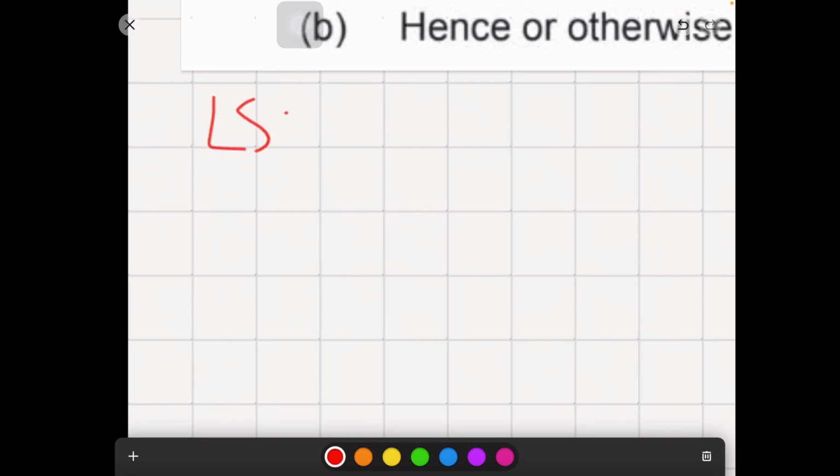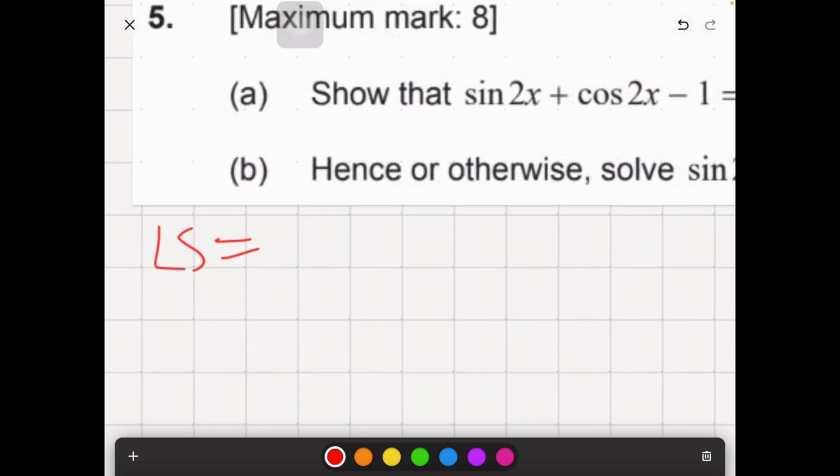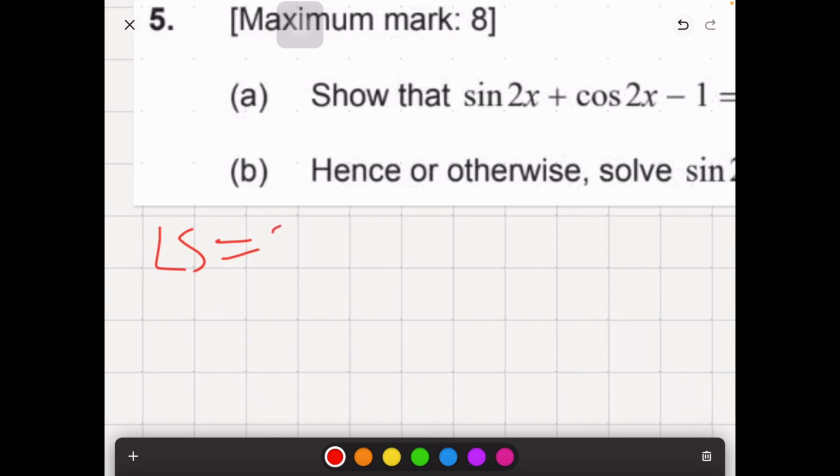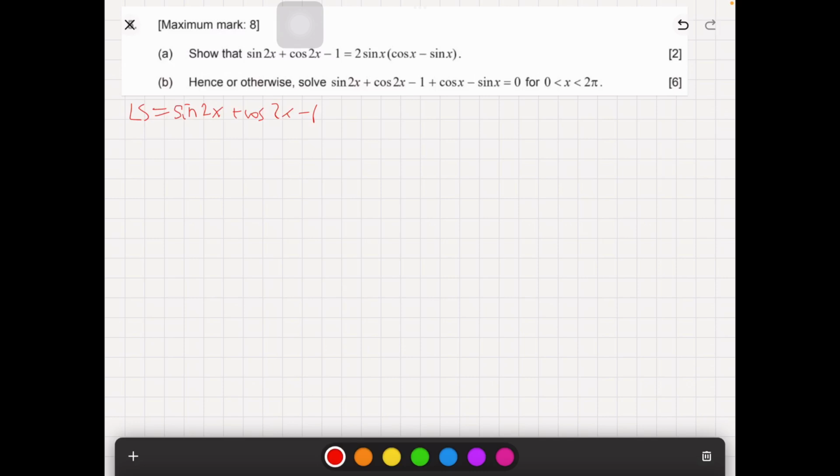Now the left side is equal to... and I wanted to show that it's equal to the right side, which is 2 sine x times cos x minus sine x.